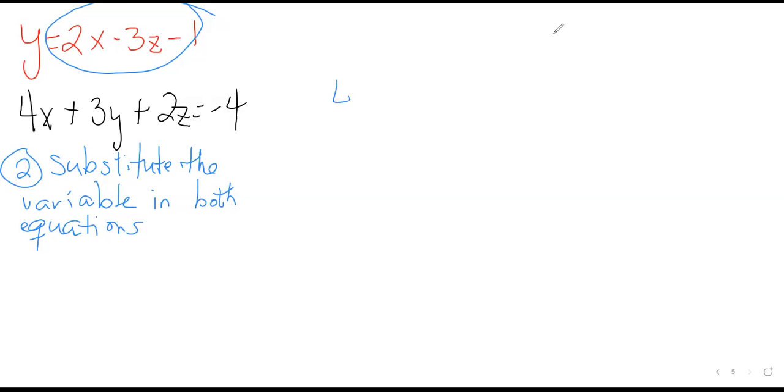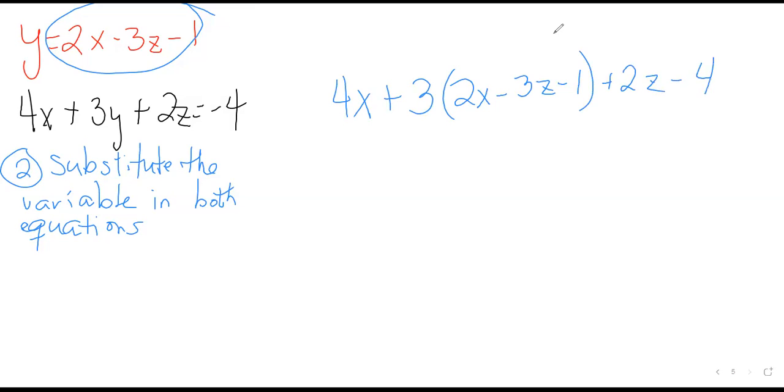So here I have my 4x plus 3. Now here's my y, so it's now going to become 2x minus 3z minus 1 plus 2z minus 4. Now I need to work with my PEMDAS. My PEMDAS involves doing the multiplication of all three of these.